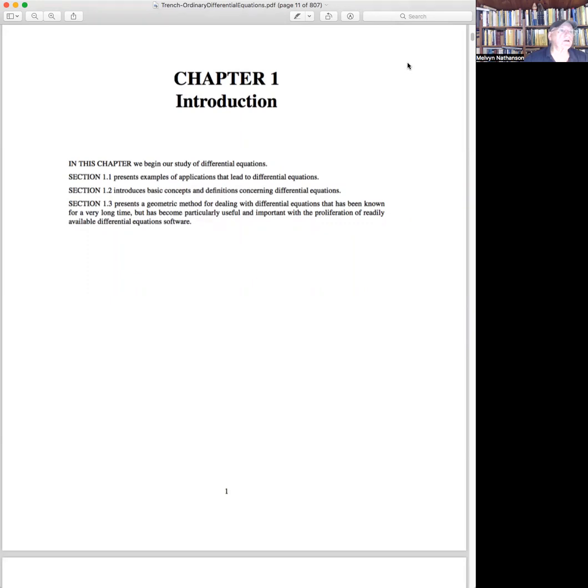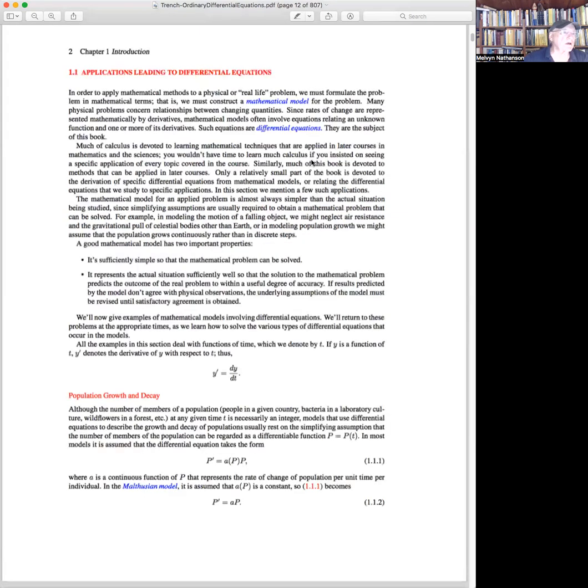So this is really an introduction. It's very simple, but it teaches you the basic terminology we use in the study of differential equations. So let's look at some examples. Some of these are examples that you've already seen in calculus.